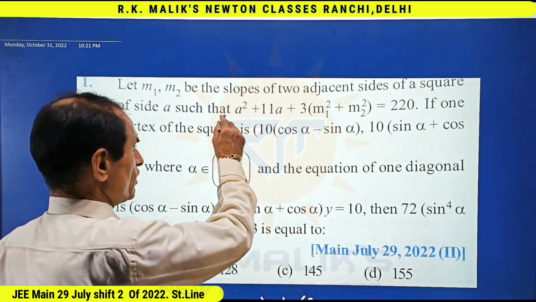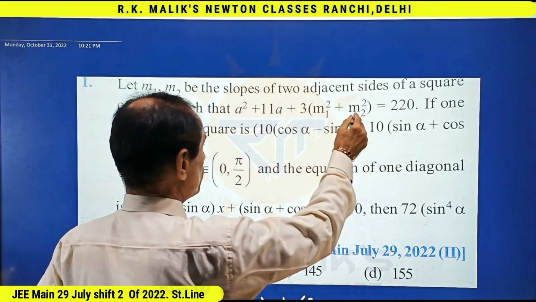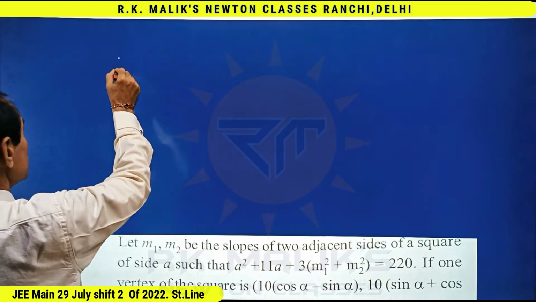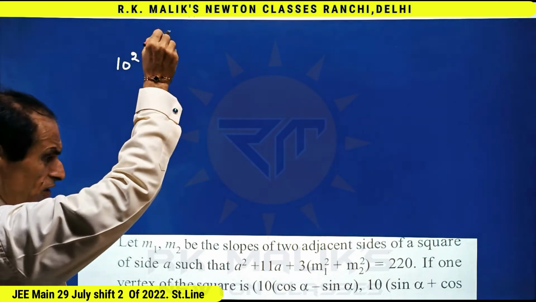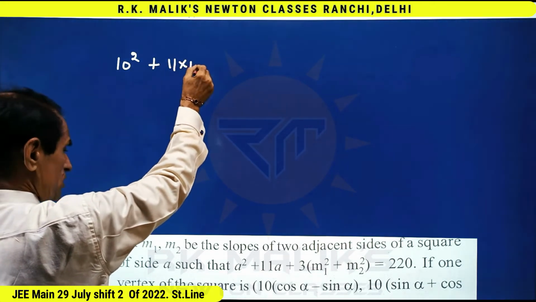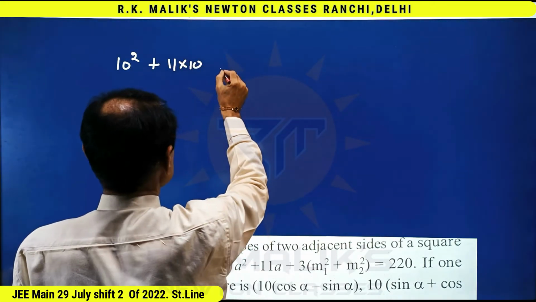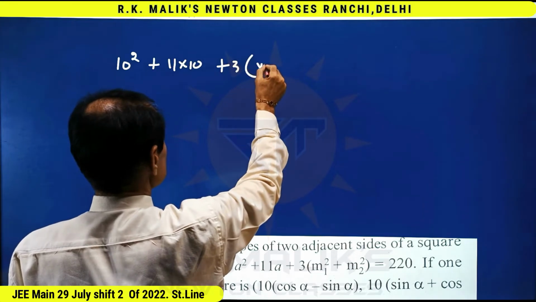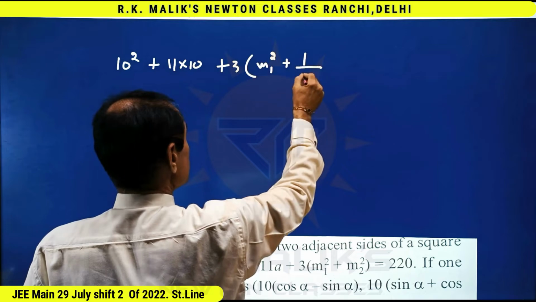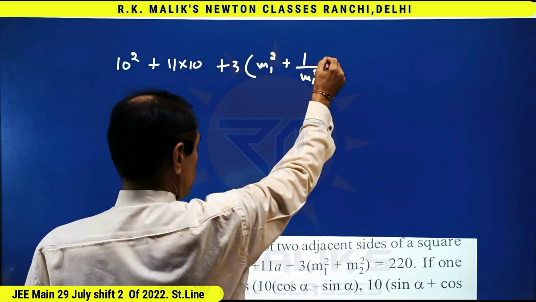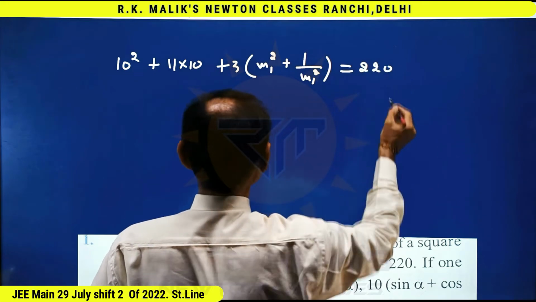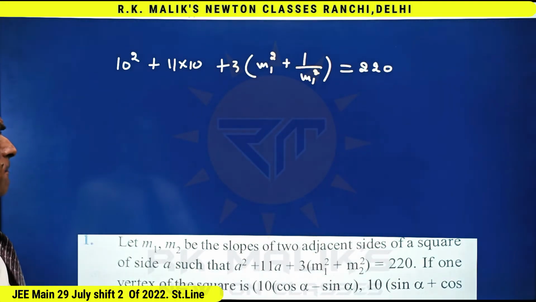And putting the value of A equal to 10 and M2 as minus 1 by M1, I get the conclusion that 10 square plus 11 into 10 plus 3 into M1 square plus 1 by M1 square equal to 220.